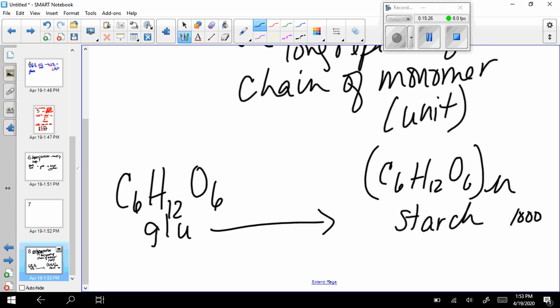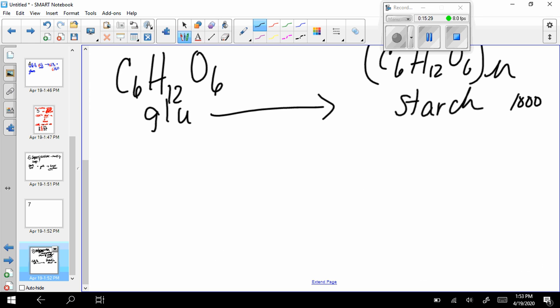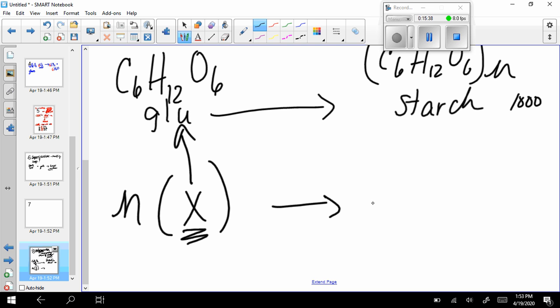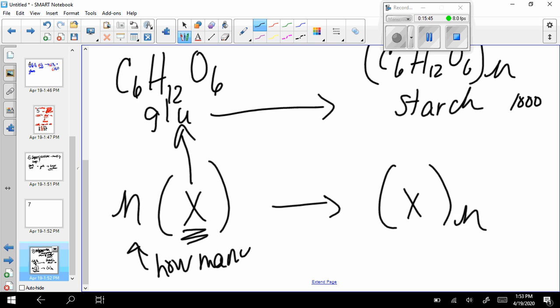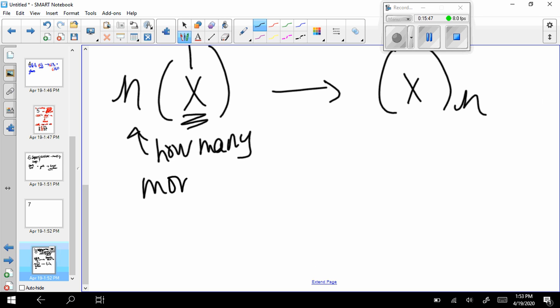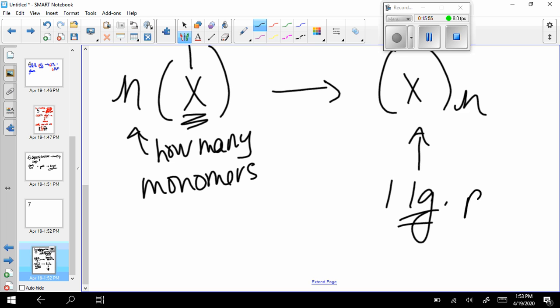The most common way that you see a polymerization represented is you say N of this unit, which could be anything, and then they put it to the nth. This is how many individual ones you have. We call all the individuals monomers, and then you go together and you make one very large polymer. And the N shows the number that were connected.